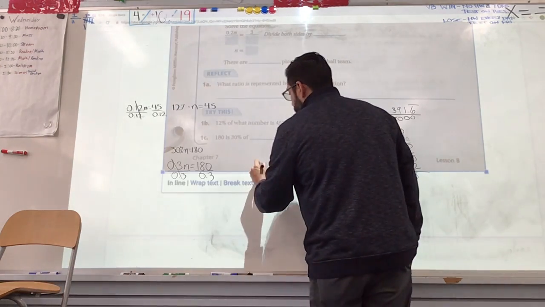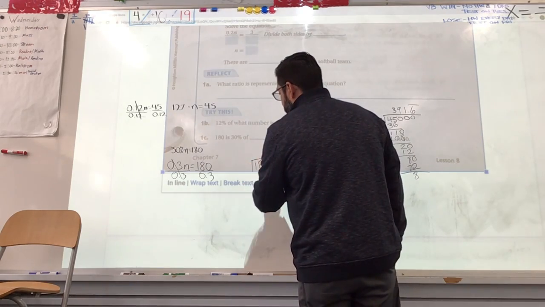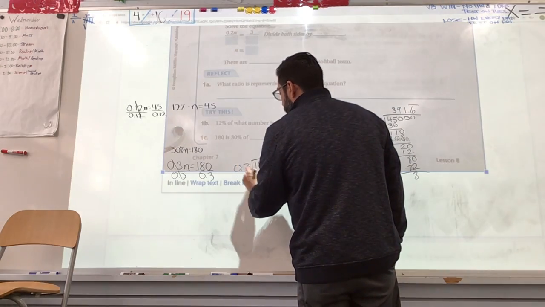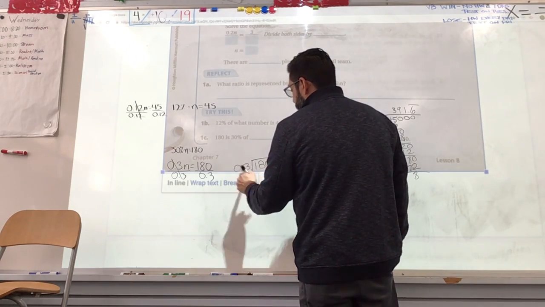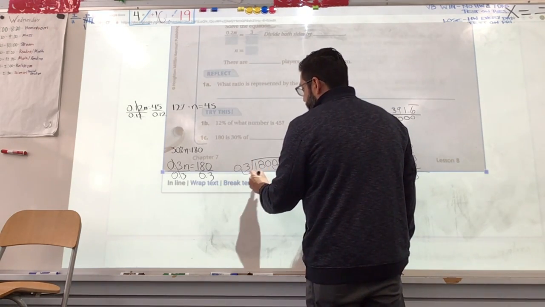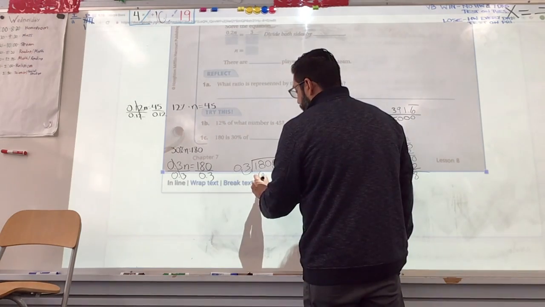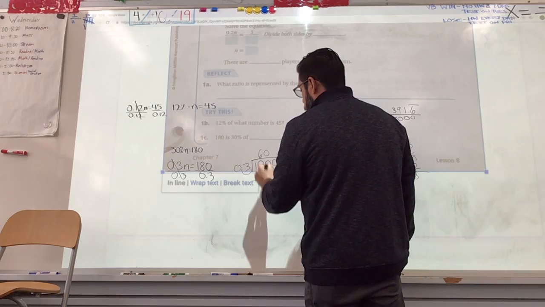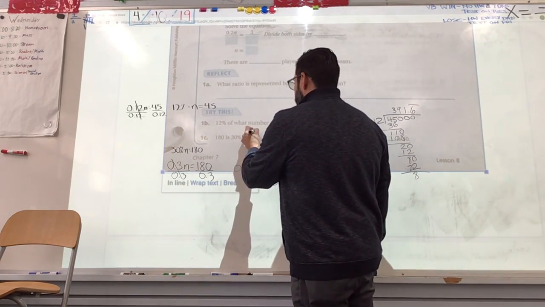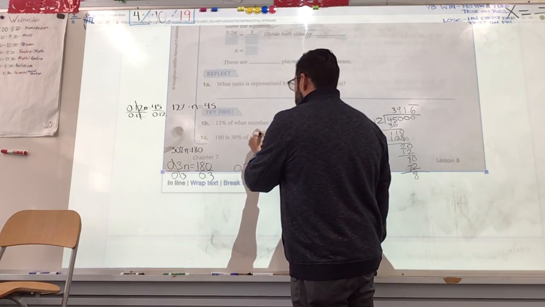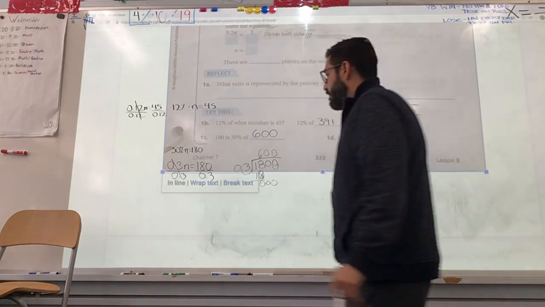Then we have 180 divided by 0.3, move the decimal over once. 3 goes into 18 6 times, that gives us 18. Then 0, 0, 600. So 180 is 30% of 600.